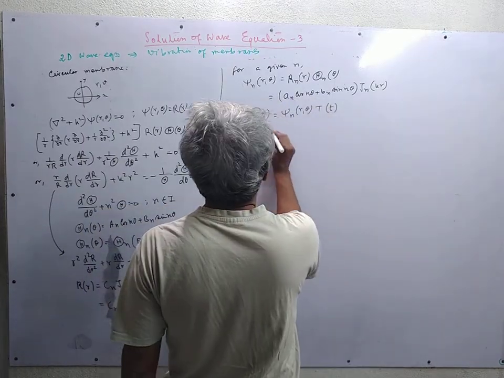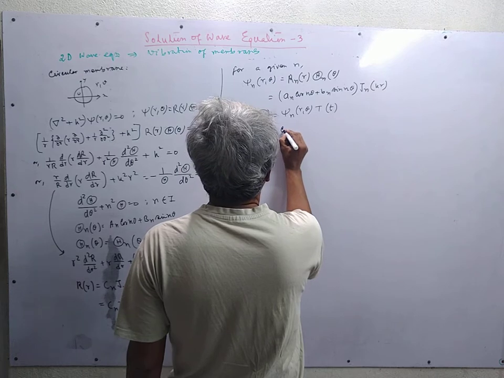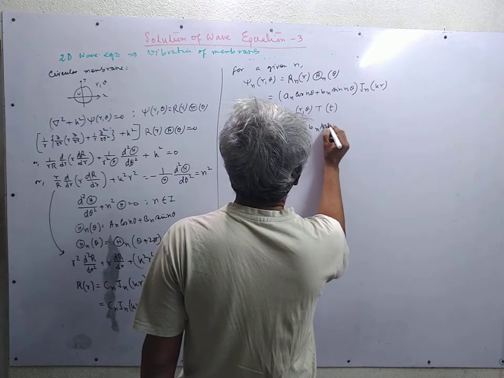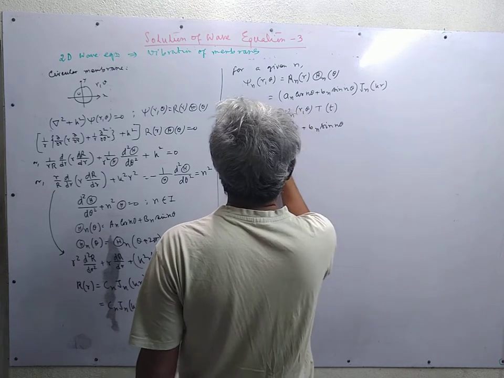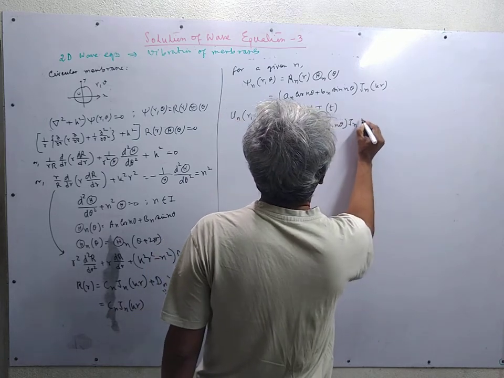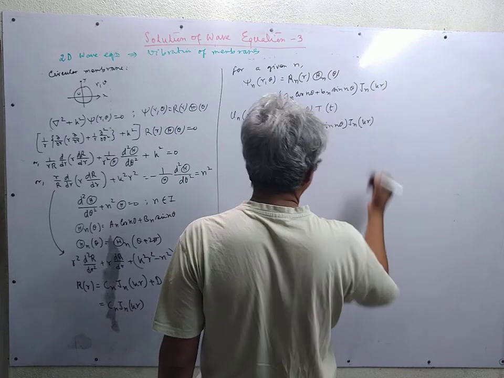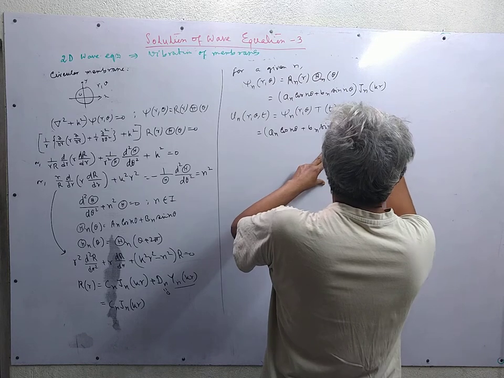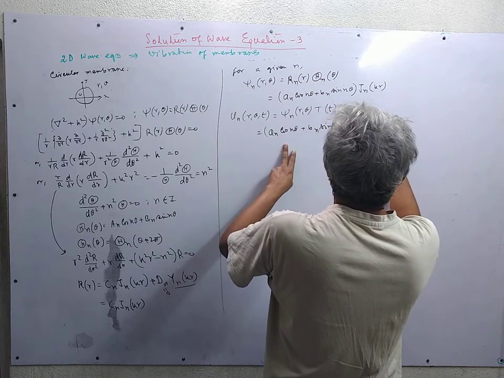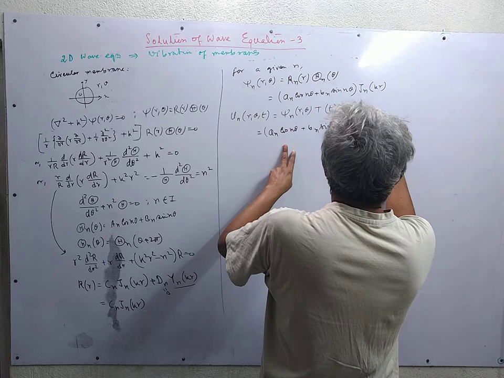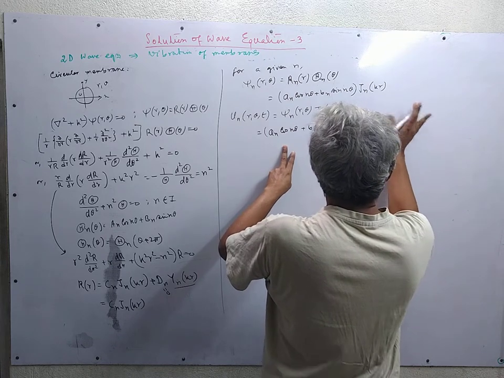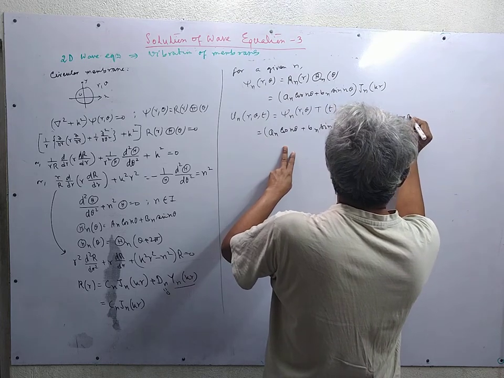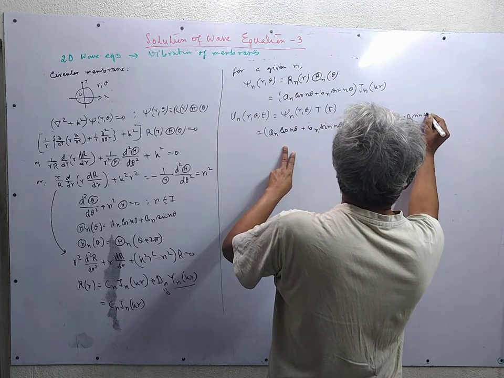So this is equal to [A_n cos(nθ) + B_n sin(nθ)] J_n(kr) times [A cos(ωt) + B sin(ωt)].